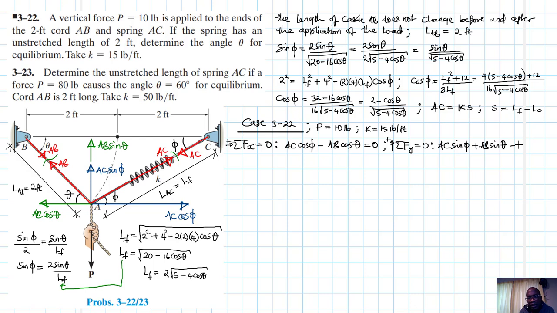So this is just going to be minus 10, equal to 0.